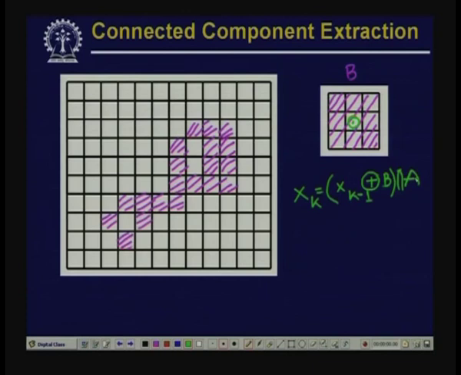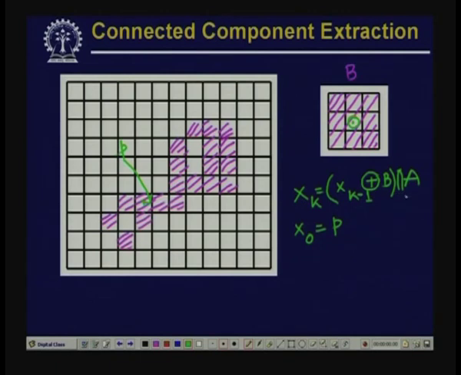Now, initially what we do is I take a point P, say this is my point P, which belongs to Y, and I initialize X_0 equal to point P. Now, X_0 is nothing but our point P. So, if I dilate this X_0 with our structuring element B, then what I am going to get is X_1.